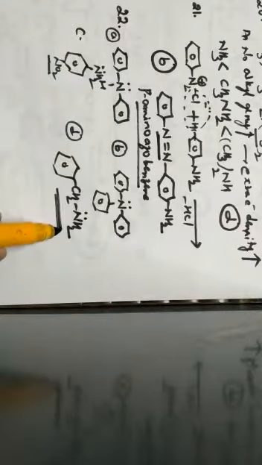Whereas in benzylamine, the NH2 group is attached to a methylene group, where the lone pair of electrons can be donated easily. Hence, option D, that is benzylamine, is exhibiting more basic nature as compared to that of aniline.